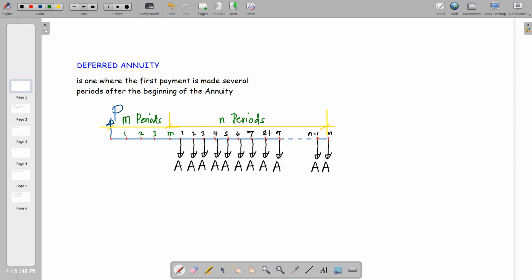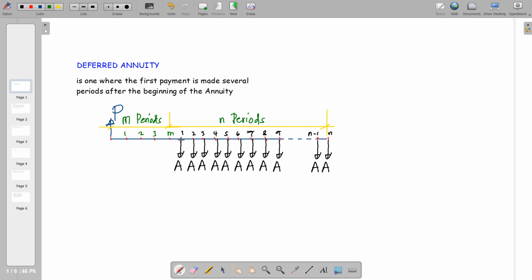Remember that in an ordinary annuity, we should allot one period before the first payment, because the payment occurs at the end of each period.